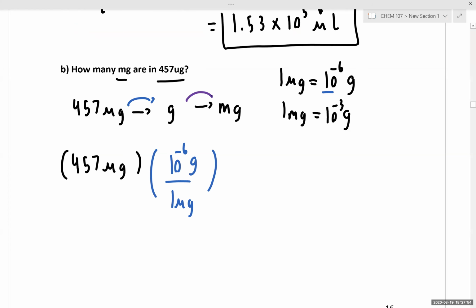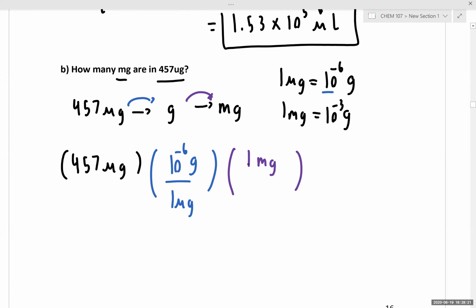Okay, for our second conversion, what unit is going to go on top? Milligrams or grams? Milligrams, yep. Our arrow's pointing towards milligrams. We want milligrams in the end.